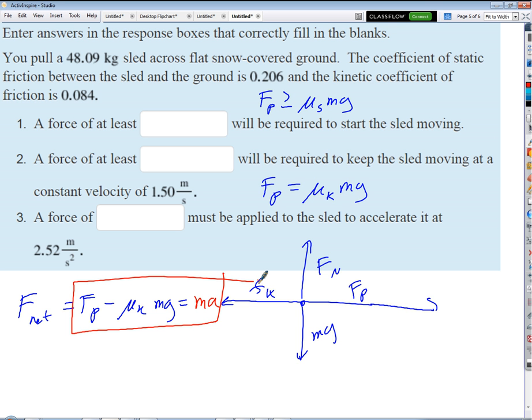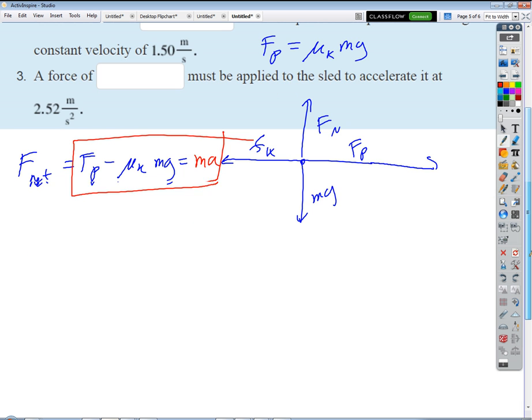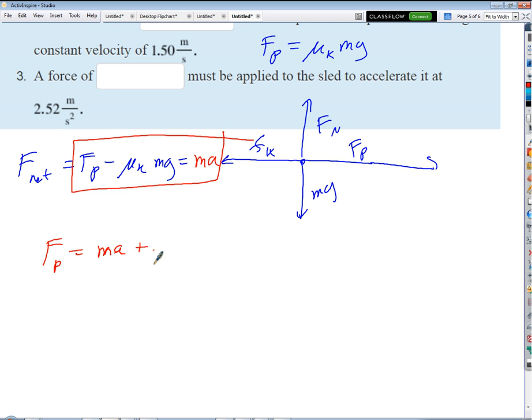So what do I have to do to that equation to isolate F sub p? Yeah, just add this term to the other side, right? So I'm going to get pushing force equals ma plus mu sub k mg, right?